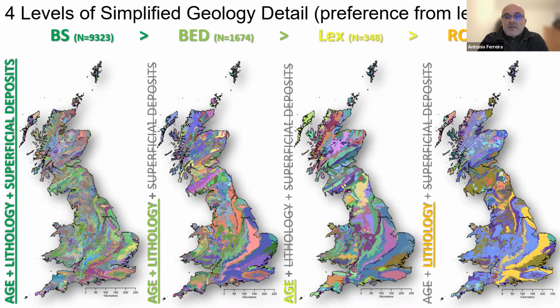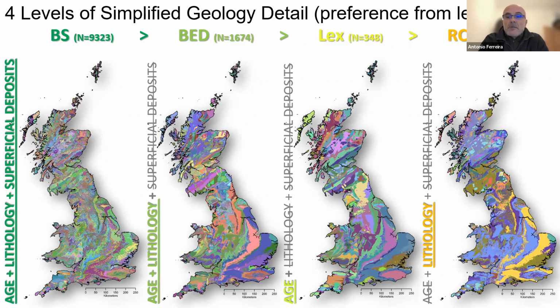Preference was given to the geological set of codes with higher complexity, the BS on the left, as it combines information from bedrock and superficial cover. UK HSA computed the radon potential, making use of the more complex geological codes, the BS, for which 30 or more indoor radon measurements were available.